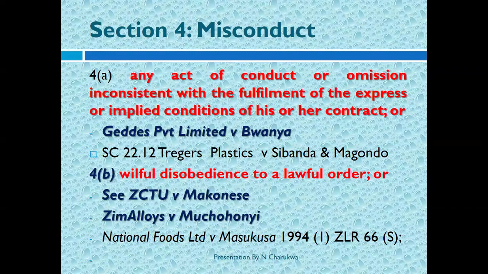So here we are saying the employee has had a conduct or an omission which is inconsistent with the fulfillment of the expressed conditions. By expressed conditions, these are conditions of employment that are written down. They could be in an HR policy. For instance, it could be dress, it could be conduct. All those that are written down, that's your expressed conditions of employment.